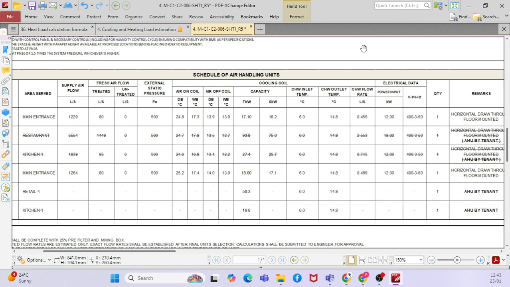Clear? Okay, sir. So you get GPM, divide by 15.85, you will get liters per second. Clear?